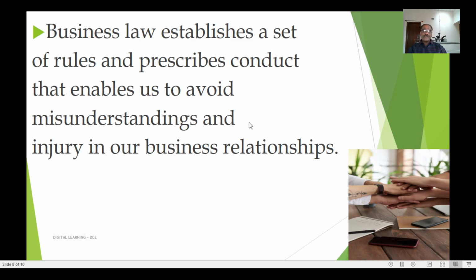So if a loss happens to a business person because of others, because of the public, that loss can be recovered with the help of the rules contained in the subject of business laws.